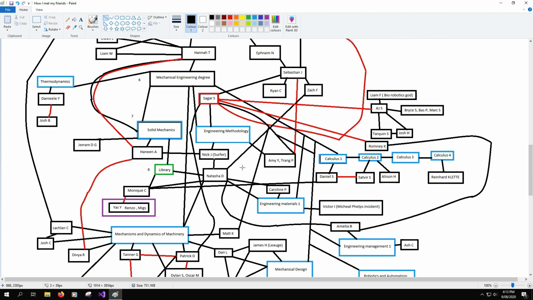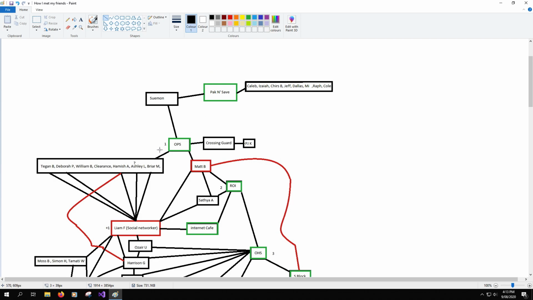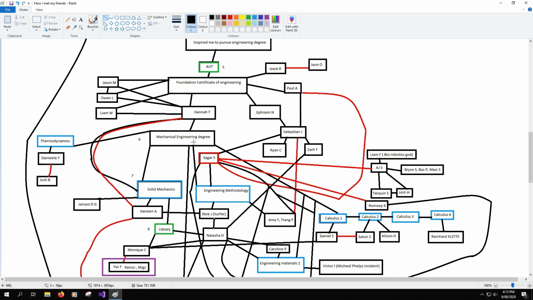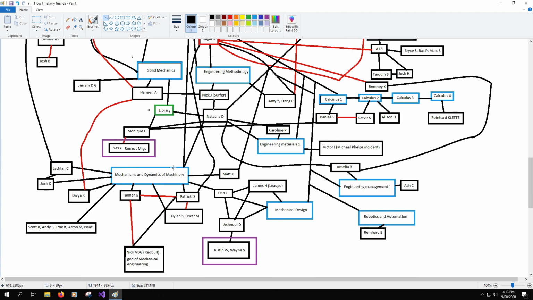Okay, so now you'll probably notice there's some random numbers like 1, 2, 3, 4. They represent how many steps it took for me to meet these people. So now the purple box indicates the winners, or the friends that took the longest for me to meet.